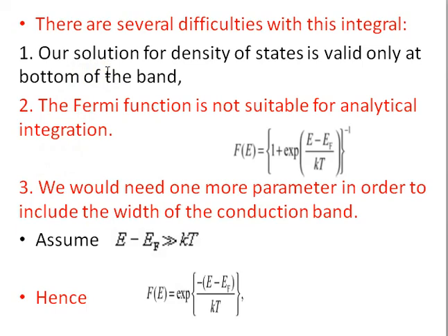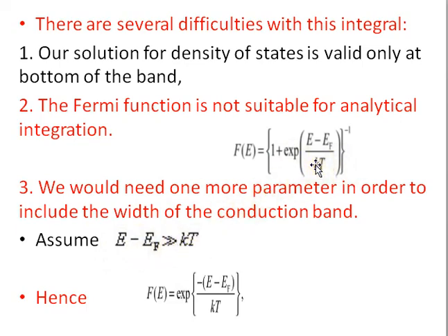Now, despite all these three limitations we have seen, we can at the same time try to take some assumptions in order to make the evaluation of that integral very simple. The first one is, from our Fermi function here, we should assume that E minus E_F is much greater than kT.